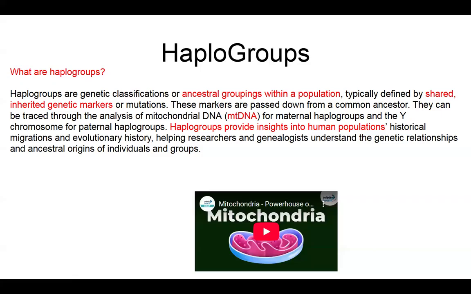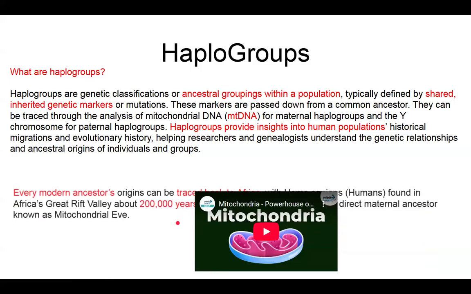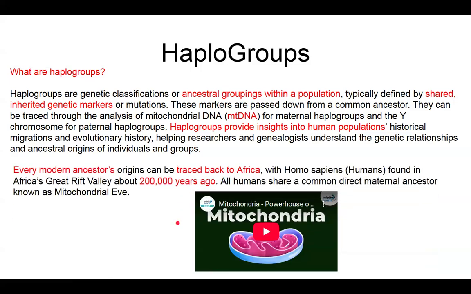The haplogroups provide insight into human populations, historical migrations, and evolutionary history, helping researchers and genealogists understand the genetic relationship and ancestral origins of individuals and groups. Every modern ancestor's origins can be traced back to Africa.